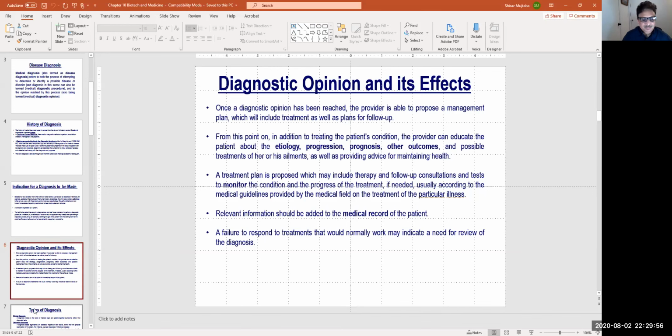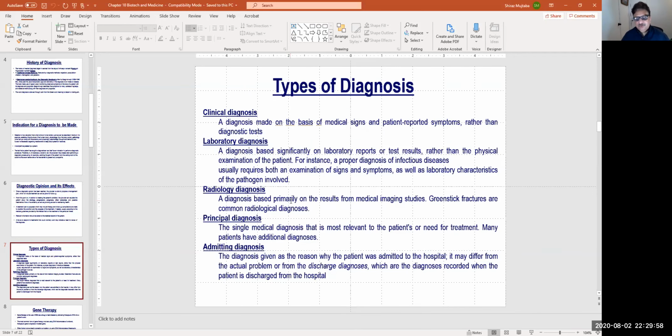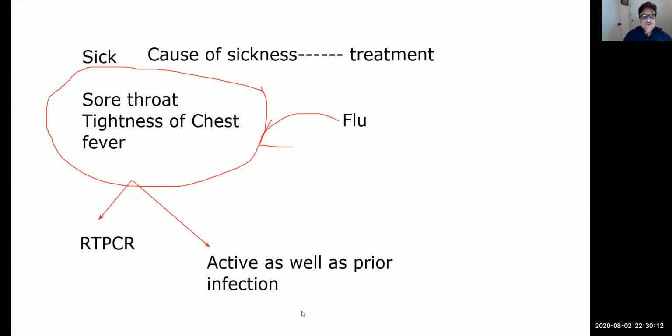Now, there can be various types of diagnosis. The most simple, I won't say anything is simple, but the most straightforward could be a clinical diagnosis, right? A clinical diagnosis is when the patient walks into the clinic and the symptoms align with what is happening in the society.